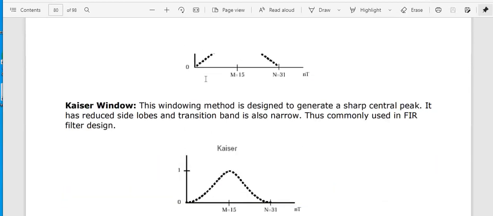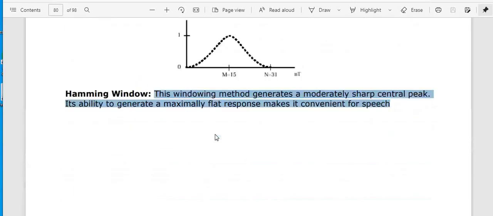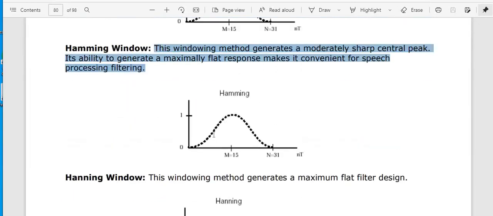As you compare with the previous one, the area of the major lobe keeps increasing as we proceed to the next window. The Hamming window has the ability to maximize a flat response, making it convenient for speech processing filters. The most important thing is that in speech processing filtering, we proceed with the Hamming window, H-A-M-M-I-N-G.